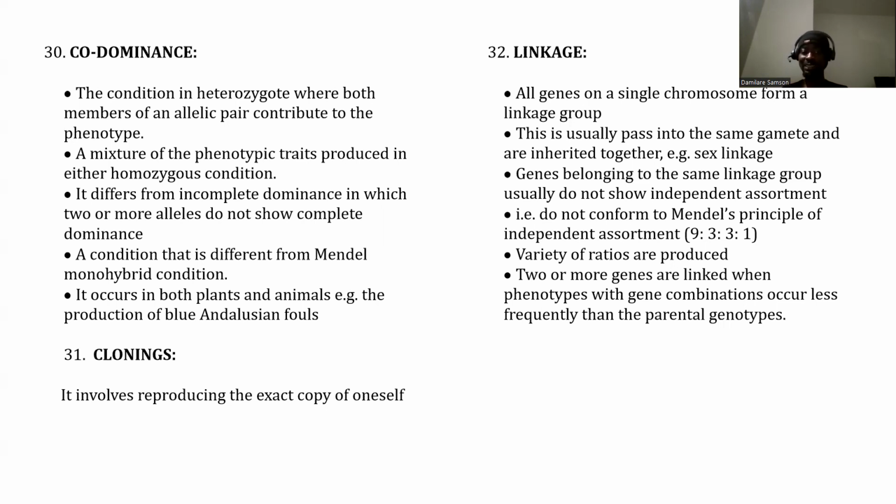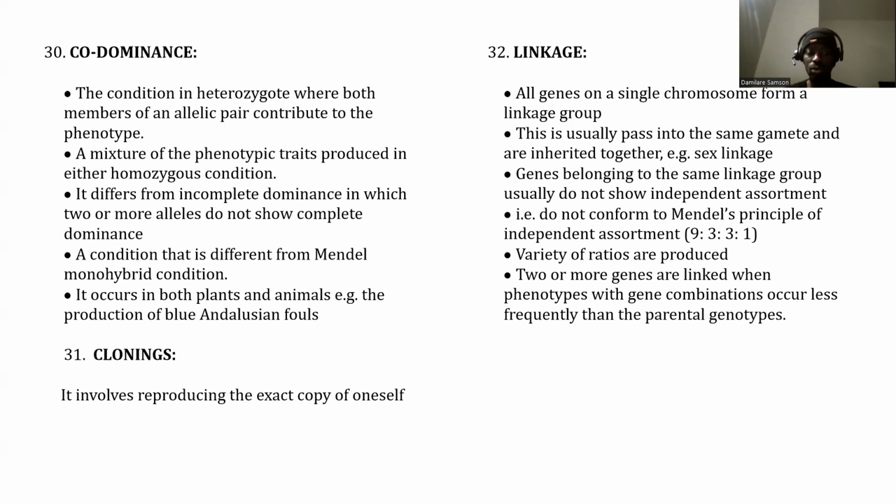A condition that is different from Mendel's monohybrid inheritance. Remember, Mendel's monohybrid inheritance is what we call complete dominance. Red is completely dominating white. Tallness is completely dominating shortness. That is Mendel's monohybrid condition.